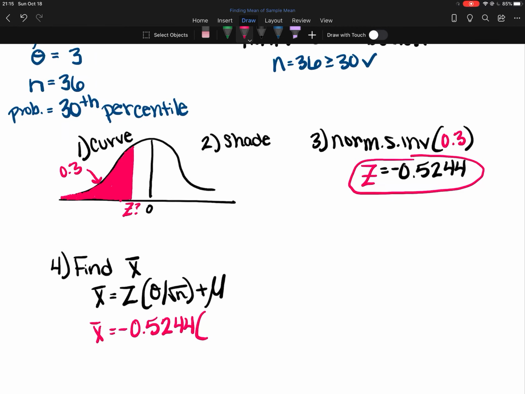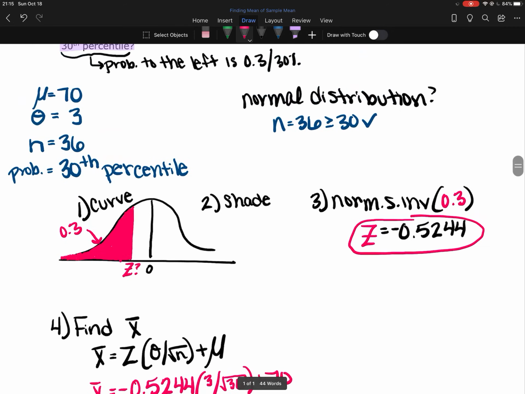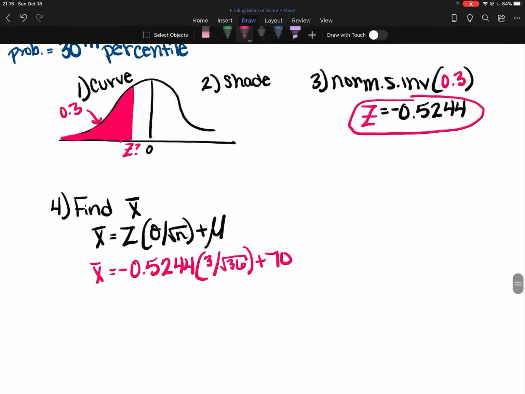Our sigma was 3. Our sample size was 36. And our mean was 70. So if I break this down just a little bit to make it easier to do this calculation, the square root of 36 is 6, and 3 divided by 6 is 1/2, or 0.5.